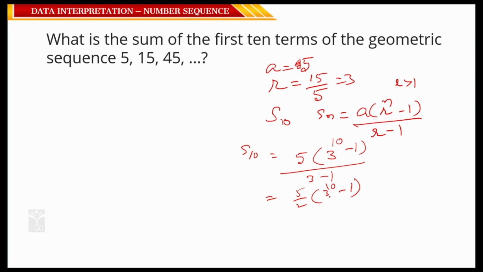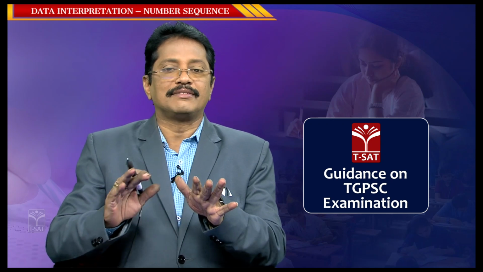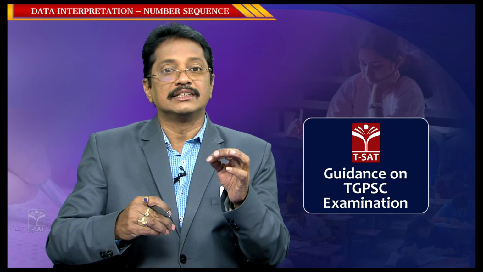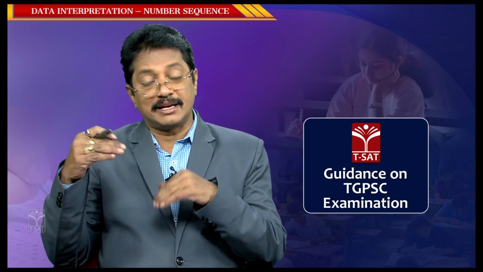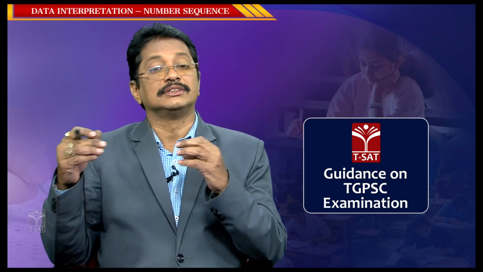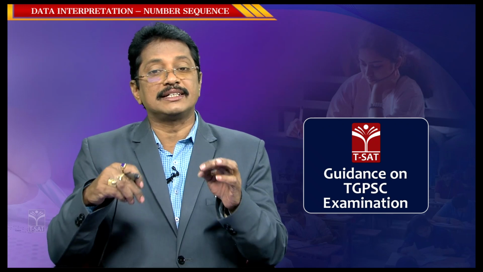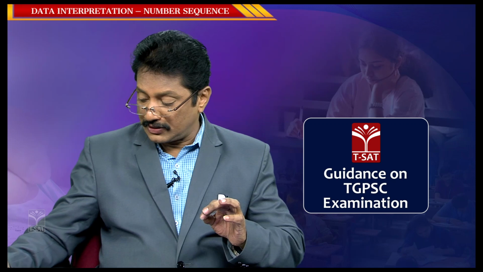This is the value. You can calculate what 3 power 10 minus 1 is, but the value is simply 5 by 2 of 3 power 10 minus 1. Do you understand? So the sum of terms in an infinite series is A by 1 minus R, but for the sum of n terms in a series where R is greater than 1, the formula is A of R power n minus 1 by R minus 1. You have to follow this.